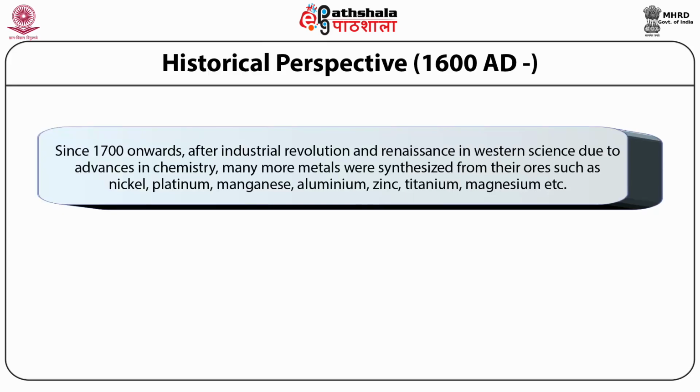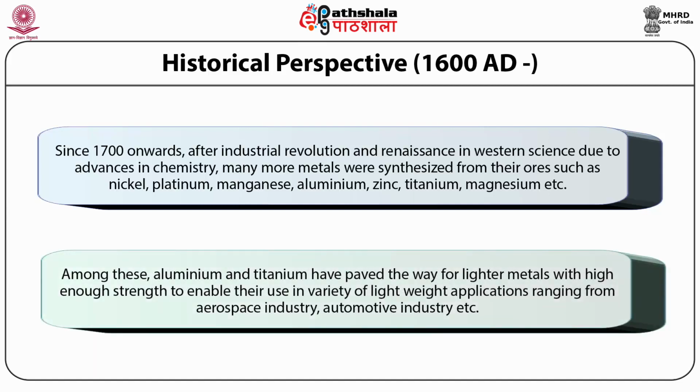Since 1700 onwards, after the Industrial Revolution and Renaissance in Western science, due to advances in chemistry, many more metals were synthesized from their ores, such as nickel, platinum, manganese, aluminium, zinc, titanium, magnesium, etc. Among these, aluminium and titanium have paved the way for lighter metals with high enough strength to enable their use in a variety of lightweight applications ranging from the aerospace industry to the automotive industry, etc.